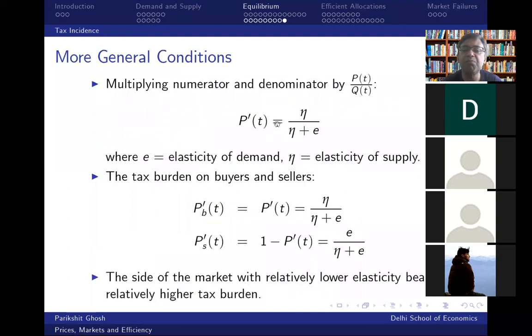Essentially it boils down to this simple expression: the rate at which the price responds to the tax rate is given by an expression which depends on the relative elasticities of demand and supply. And similarly, how the burden on the buyers and sellers shifts is captured in these two things.